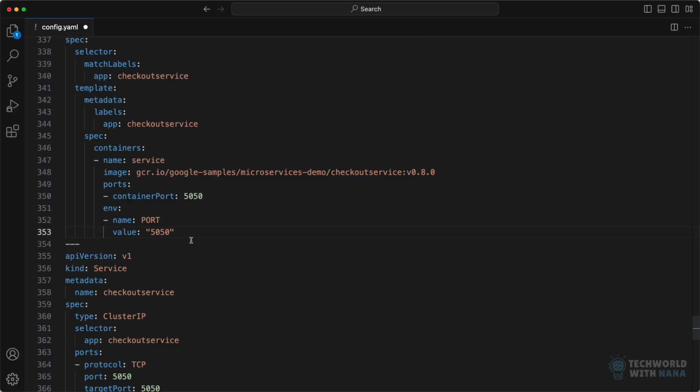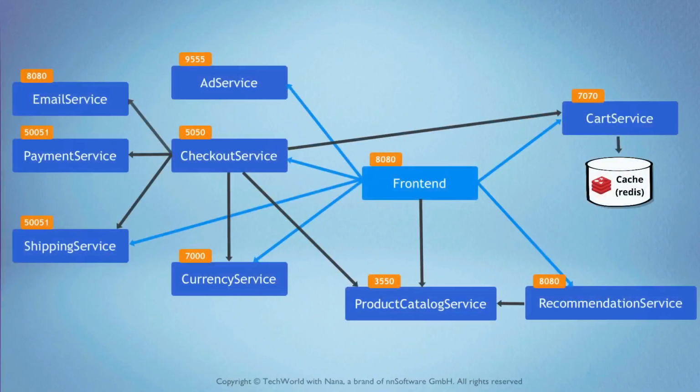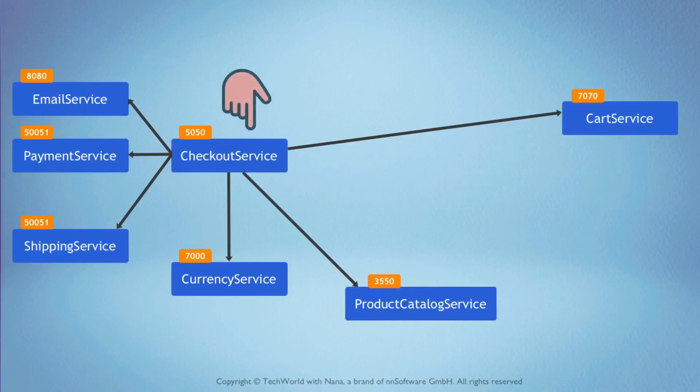And let's take a look at the checkout service in the connection graph of the microservices. Right here, you see that the checkout service connects to and talks to many other microservices. It talks to the product catalog service, the shipping service, payment service, email service, currency, and cart services. So it basically talks to almost every other service.